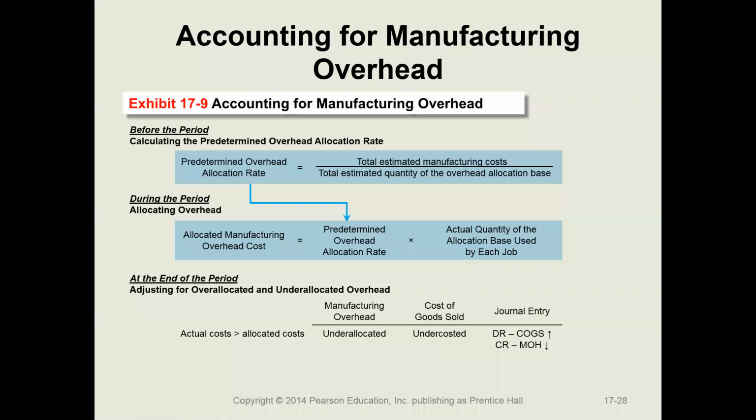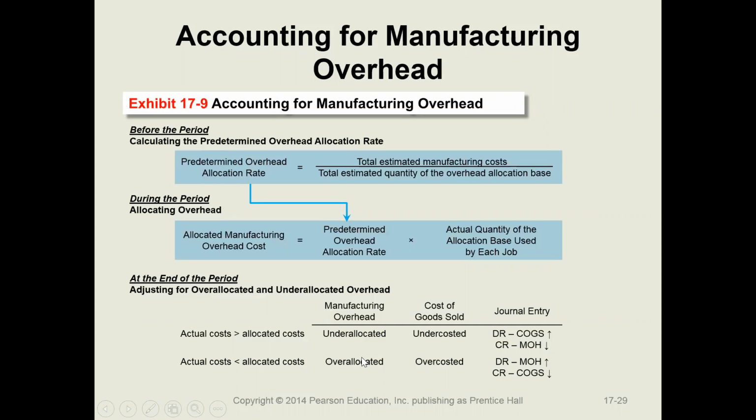Okay, so in other words, actual costs are more than what we charge to jobs, so we increase our cost of goods sold by that amount. On the other hand, if the actual costs are less than what we charge to jobs or allocated, that means we charge too much. So that's over allocation.